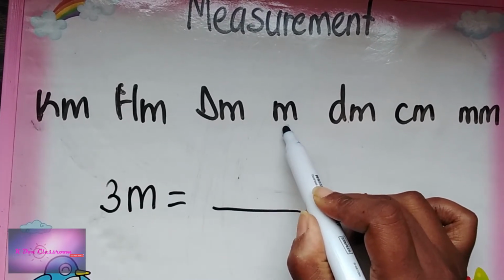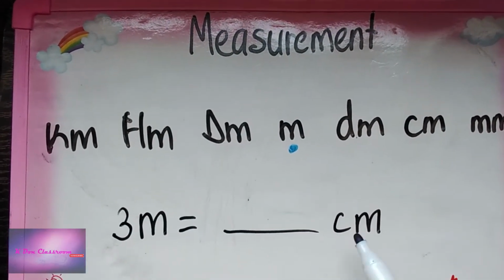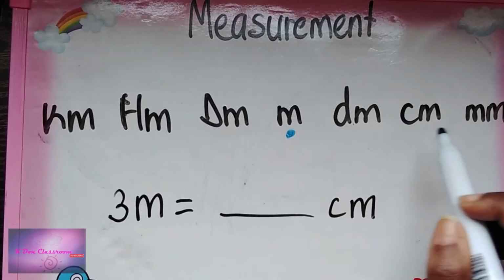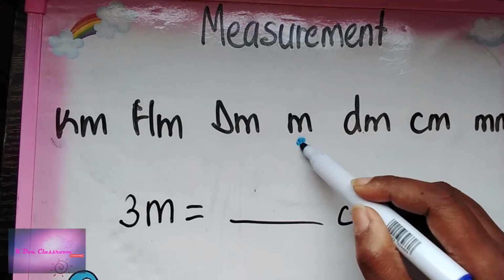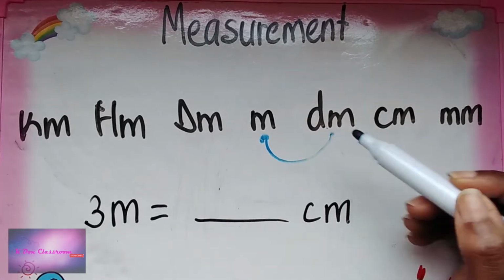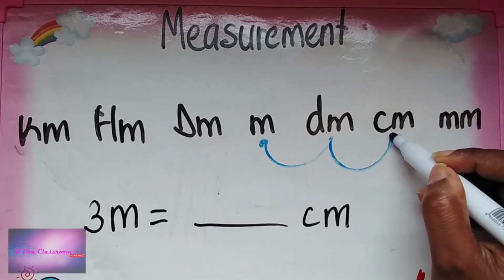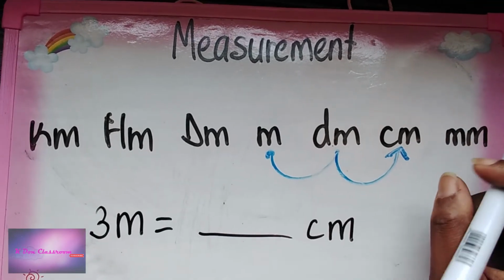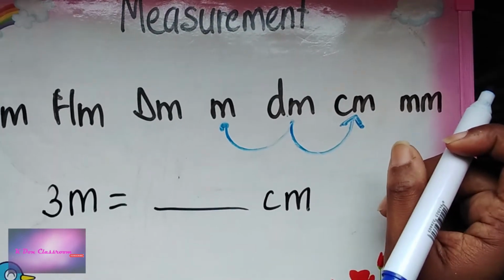Now I'm changing from meters to centimeters, so I need to move to the right. I go 1, I have to stop at dm first before I get to centimeters, and then 2. And I'm here at centimeter. So I just move 2 spaces to the right in order to get to centimeter.